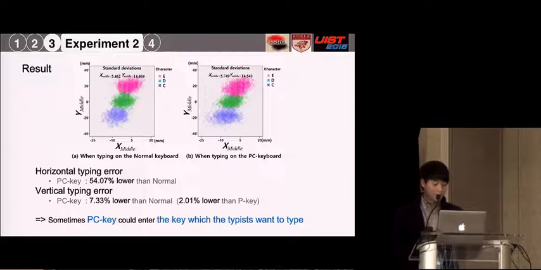From this figure, we can see that the PC keyboard showed a larger touch offset distribution. In addition, there was a larger overlapped area between vertically adjacent keys on the PC keyboard than the other. Therefore, this implies that sometimes the PC keyboard could enter the key which the typist wants to type.